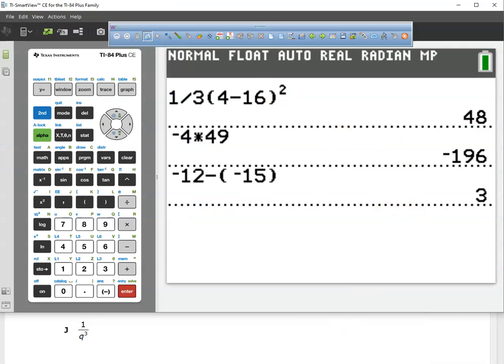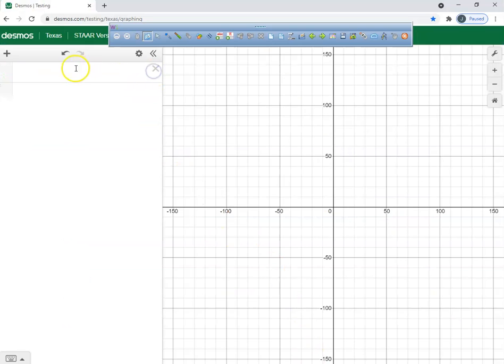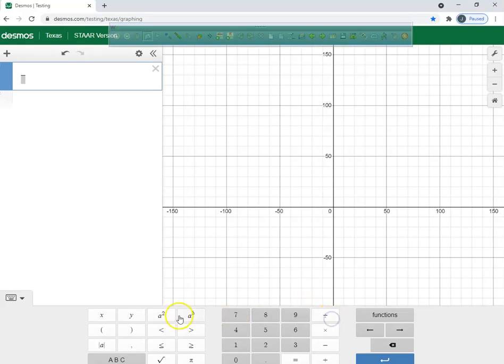Now, on this problem, could you use Desmos? Yes, if and only if you change the letter q to x. So if I put parentheses, x to the power of 4, and then I close it, and raise that to the power of -3, and then down below is x to the power of -15.